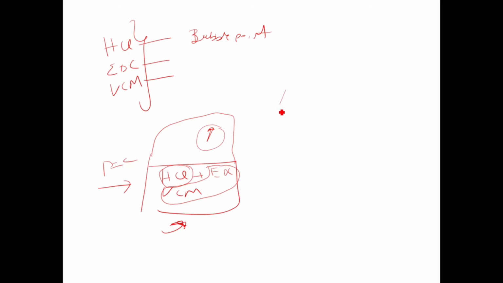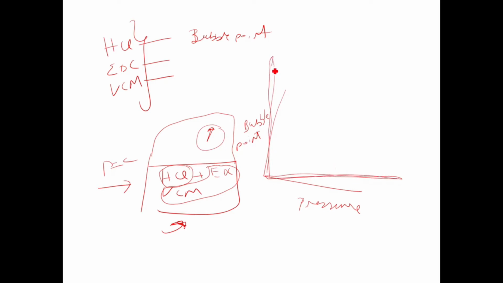So we have to check. Say we have pressure on the x-axis, and bubble point on the y-axis. What we are learning is some basic knowledge that we need before we touch Aspen HYSYS to model the distillation column.